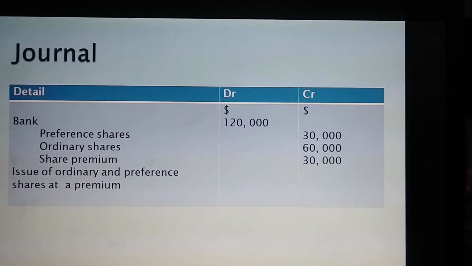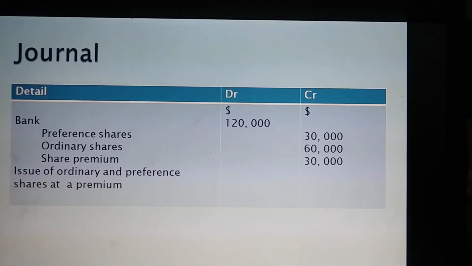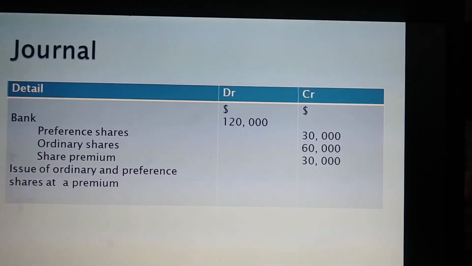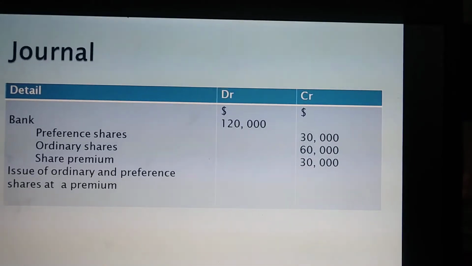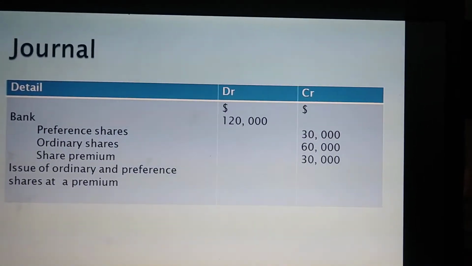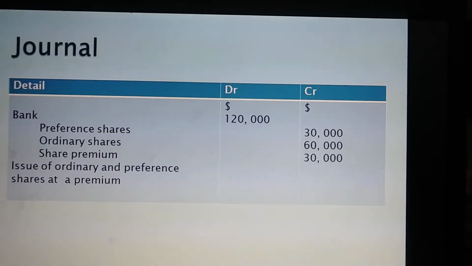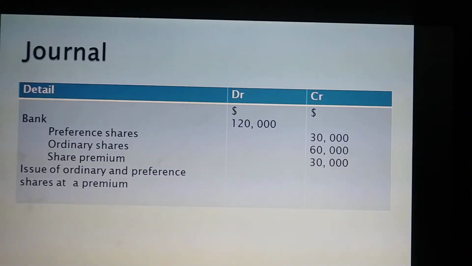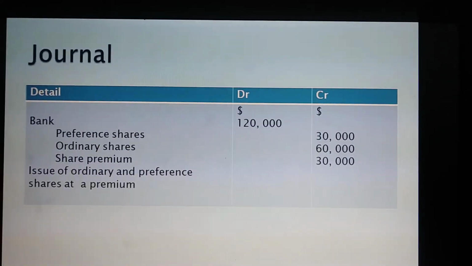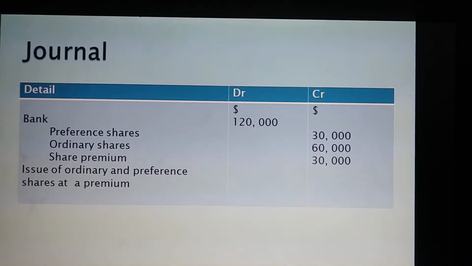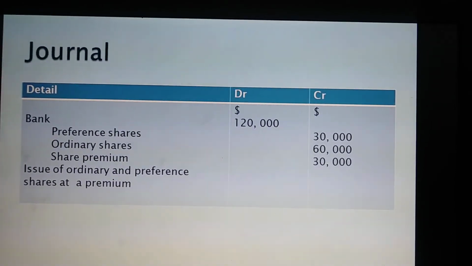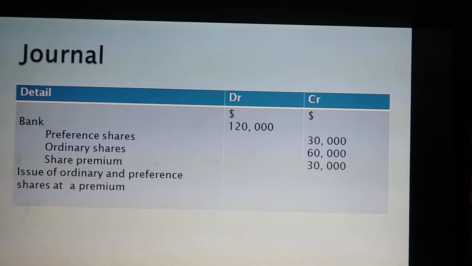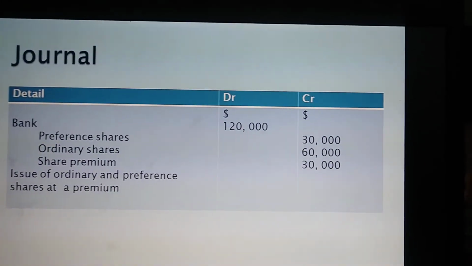So students, the preference share capital, ordinary share capital, and share premium all carry a credit balance. And of course, in our journal, we do have what is known as our notes, right? And the notes is that all of this recording represents the issue of ordinary and preference shares at a premium. In other words, this is also known as the narration.